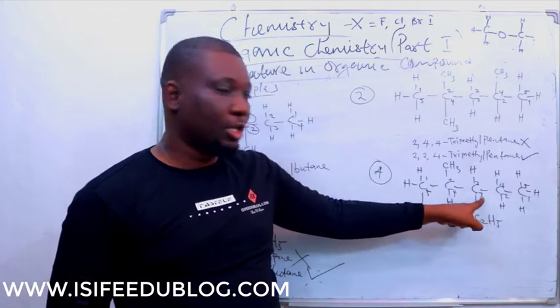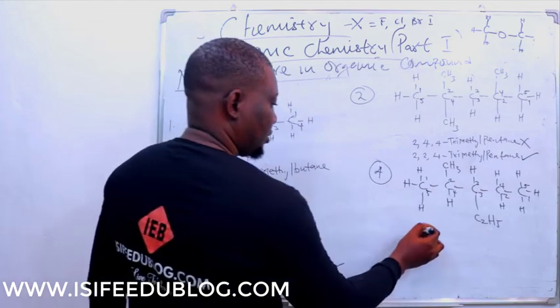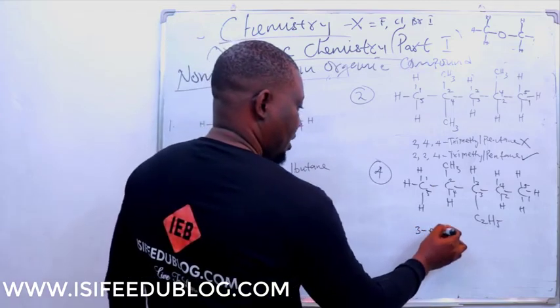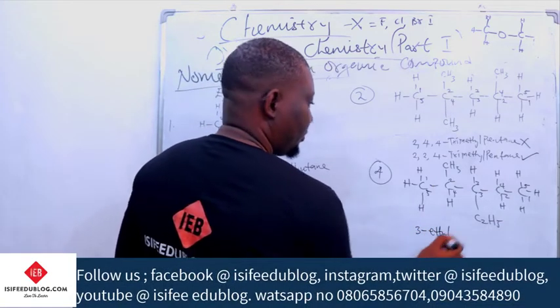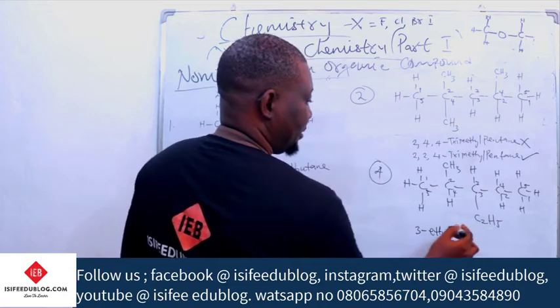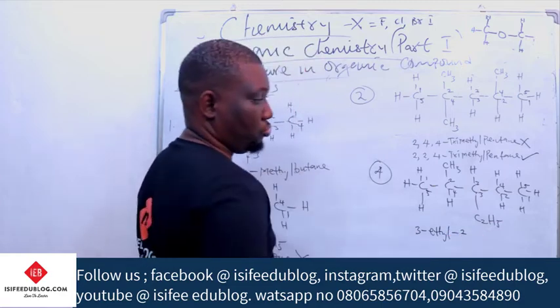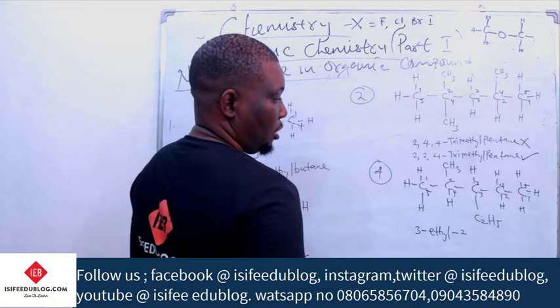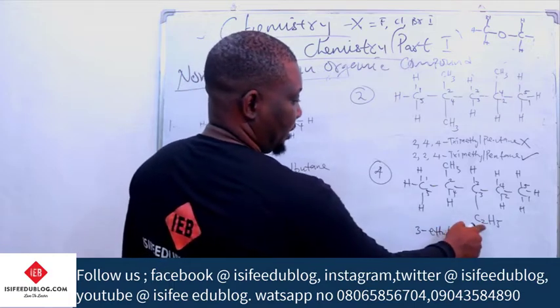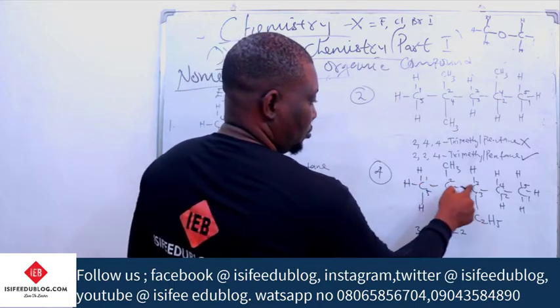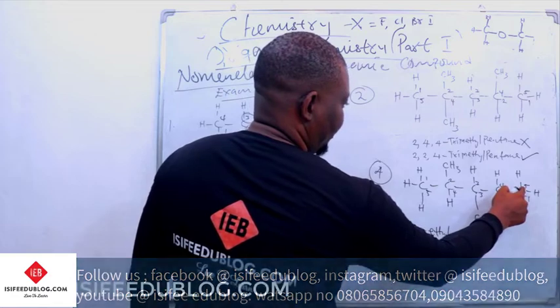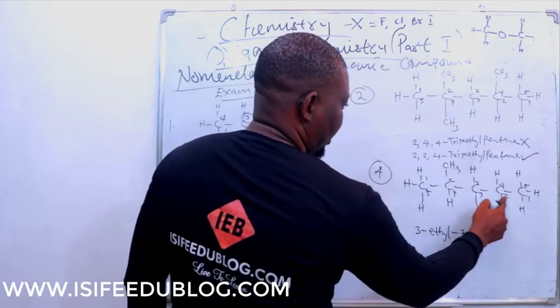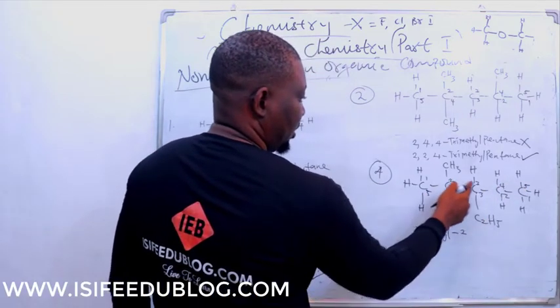And where is it located? Position 3. So this structure is 3 ethyl. And then where is methyl? Methyl is at position 2. Okay, not 4. Because giving this priority, 1, 2, 3, 4, 5 gives it 3.